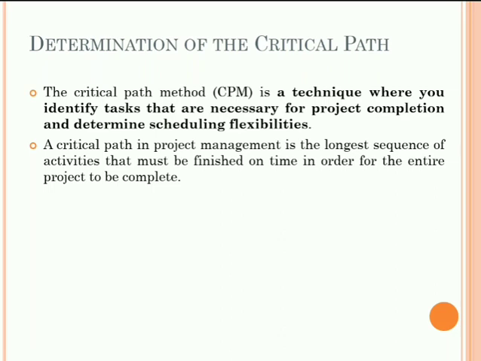Next, we will see how to manually calculate the critical path in project management. If you are not using project management software, or you just want to double check things for yourself, here are the manual steps for calculating the critical path. Let us see that. First, identify all your activities or tasks and note their durations and relationships.